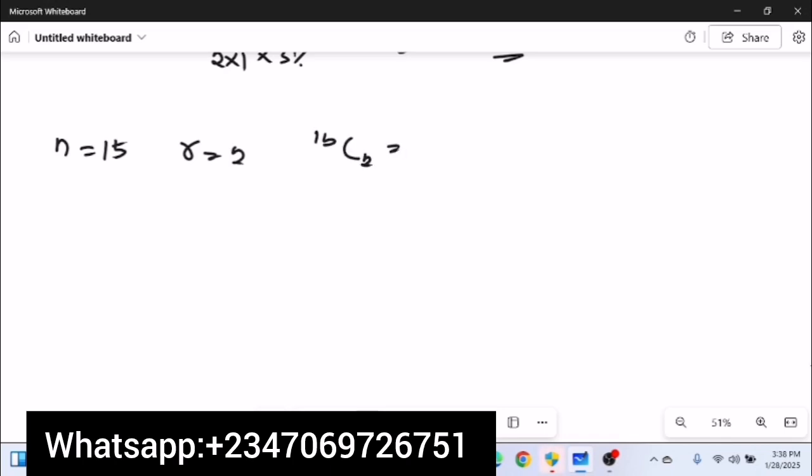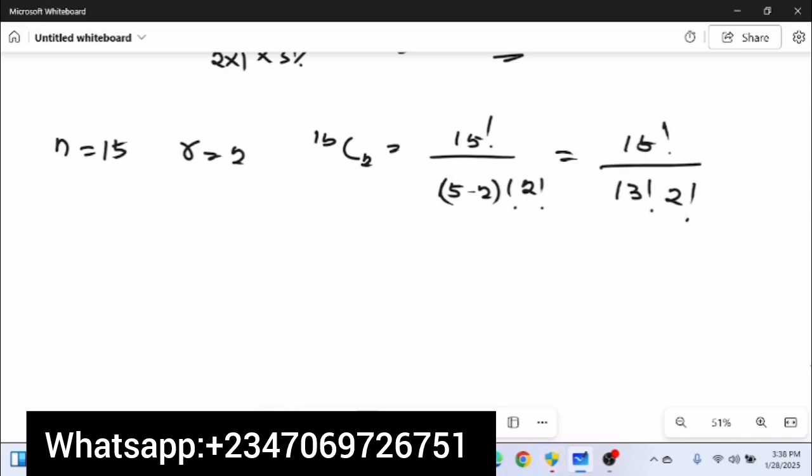is equal to 15 factorial all over 15 minus 2 factorial multiplied by 2 factorial. So you have 15 factorial all over 15 minus 2, that is 13 factorial, times 2 factorial. So 15 combination 2 is going to be equal to 15 factorial, which is 15 times 14 times 13 factorial.